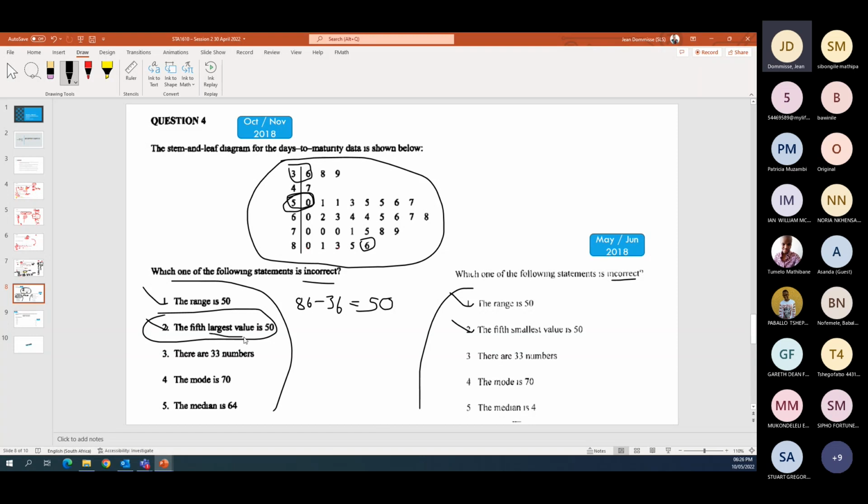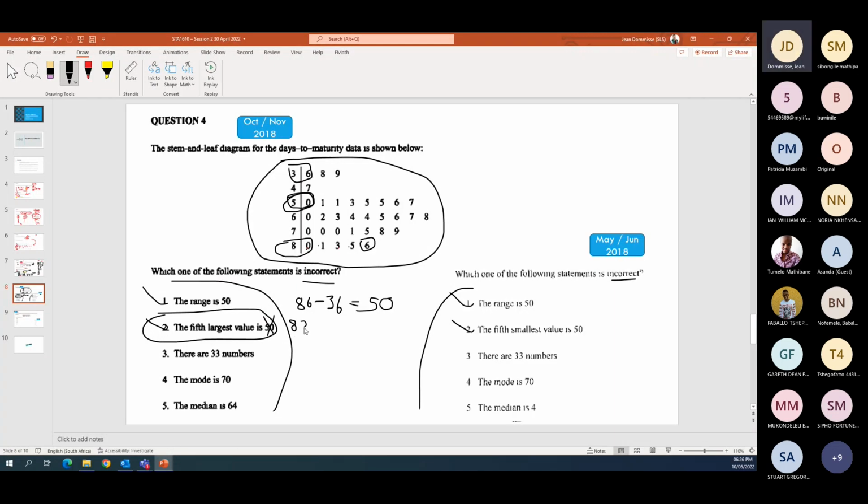For the largest, I need to count from the other way: 1, 2, 3, 4, 5. So the fifth largest number would actually have been 80.